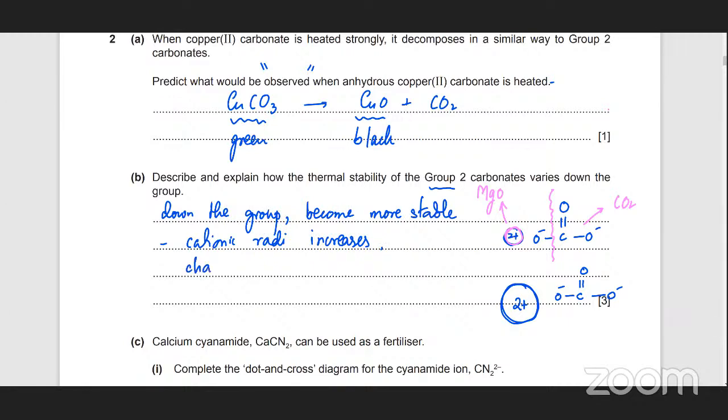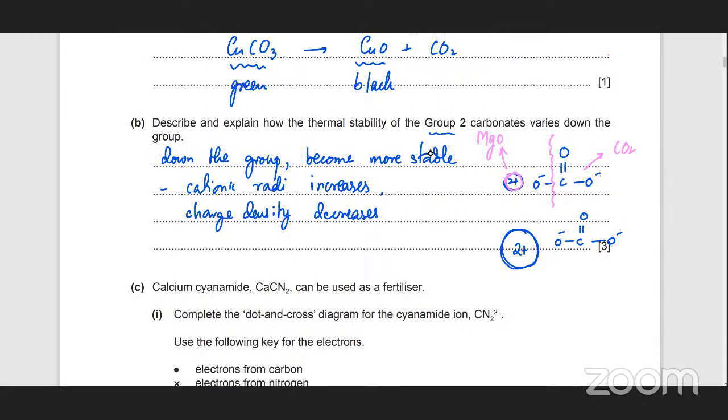Charge density decreases. And if it decreases, there's less polarization of the CO3 2- ion. Taking it up to here is enough. Less polarization, hence they become more stable.